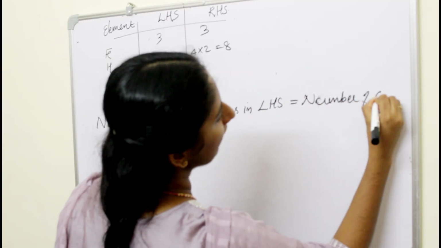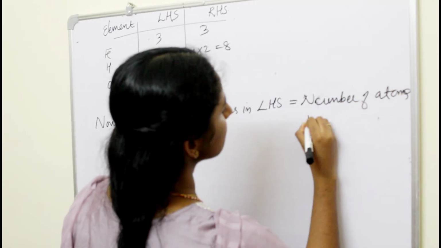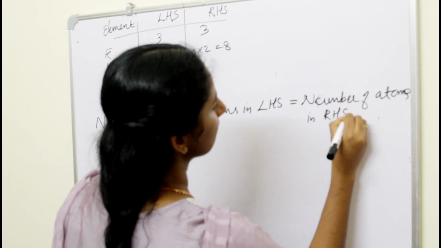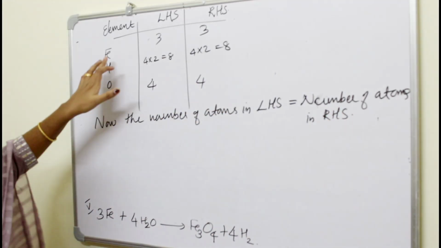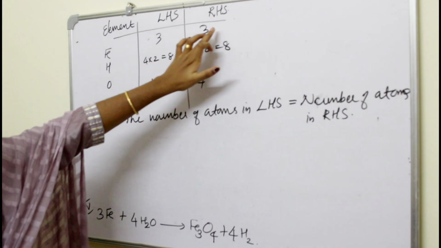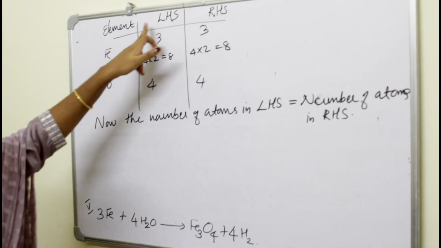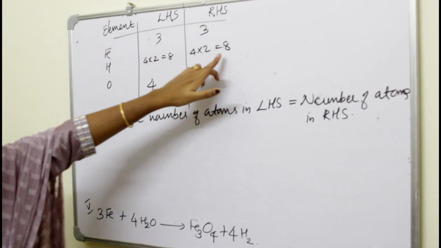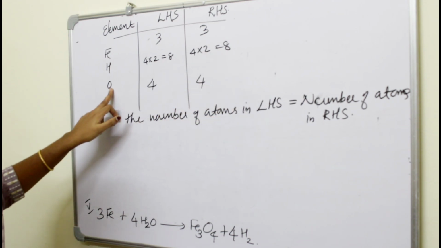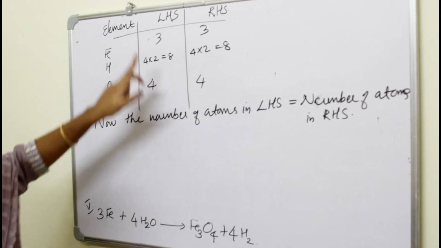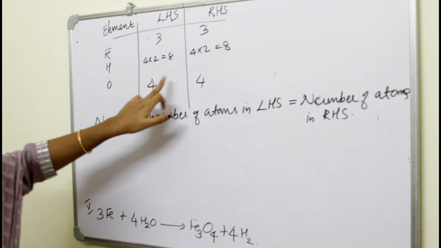That means the number of atoms of iron in left hand and right hand sides are equal, 3 and 3. Number of atoms of hydrogen in left hand and right hand sides are equal, that is 8 and 8. Number of atoms of oxygen is equal in left hand and right hand side, that is 4 and 4.